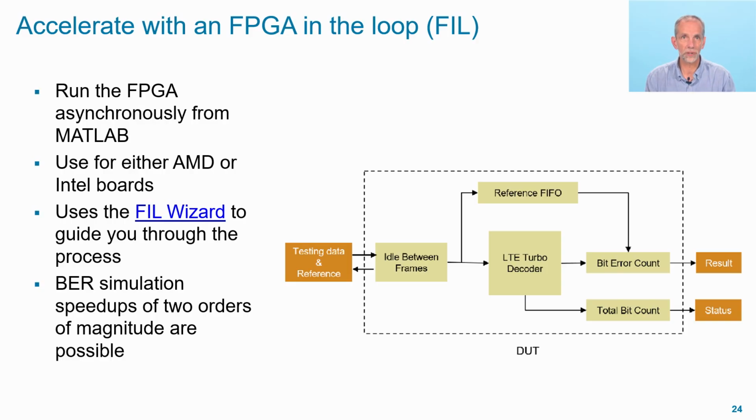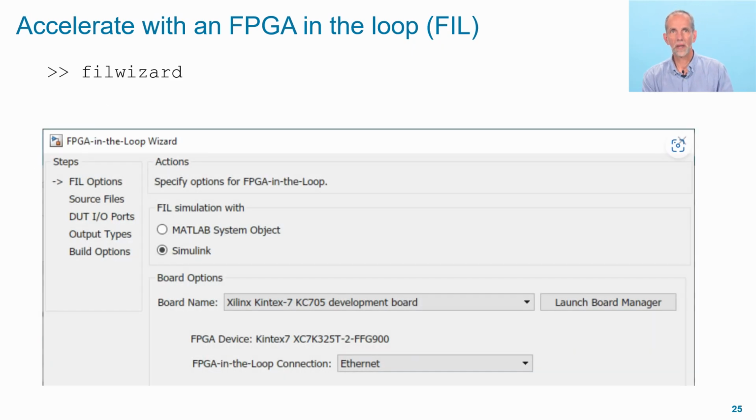So using a FIL wizard guides you through the process of generating and then deploying that HDL code onto your FPGA. But look at that last bullet. BER simulation speedups of 2 orders of magnitude are possible. Again, your mileage may vary, but be thinking if you have one tall pole in your system, then you can put that tall pole on an FPGA and realize many, many gains. And right here, this is just how you would bring up that wizard.